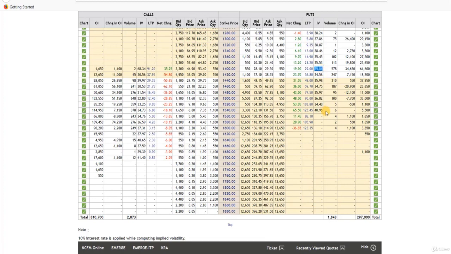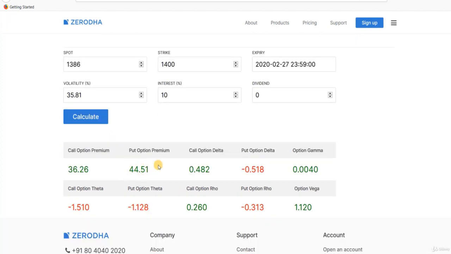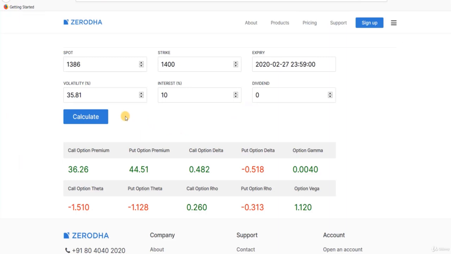We will change this value. So our stop loss level should be 44.51. So if we are selling the put option of Siemens, we will employ our stop loss level at 44.51.